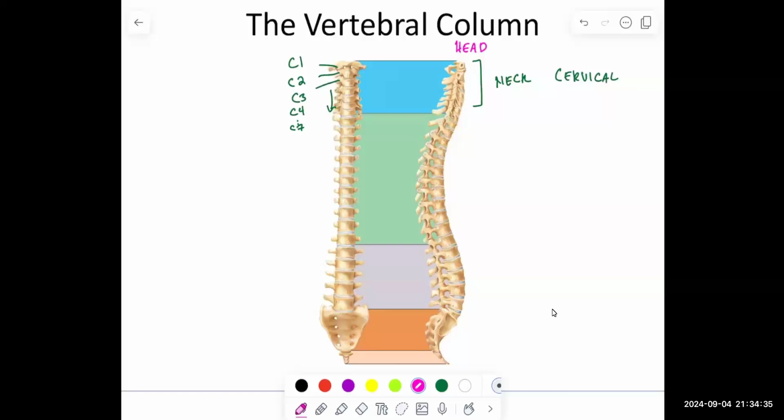The ones that make up your ribs, thoracic, makes your thoracic cage, which is the same thing as your rib cage. This one right here, T1, T2, T3, all the way down to T12. 12 more done. C1 through C7, T1 through T12.